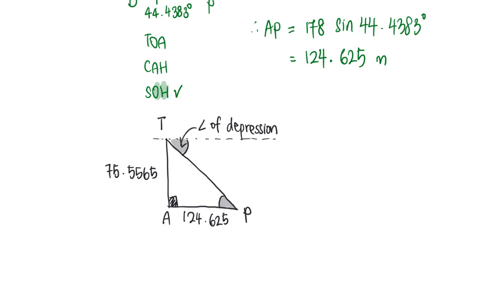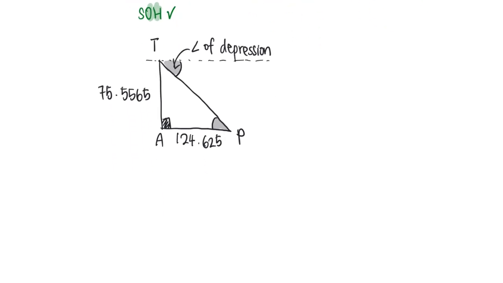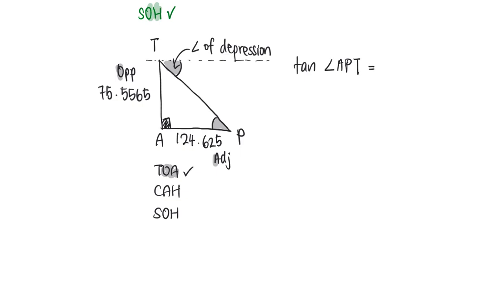Right? And therefore, since we have a right angle triangle, what do you think we should use next? Yes, SOH CAH TOA now. So this will be my adjacent side, opposite side with respect to angle APT. So therefore, I will have my O and A. I'm going to use the tangent ratio: tangent of angle APT is equal to opposite over my adjacent side.